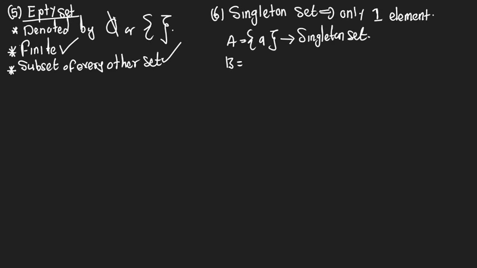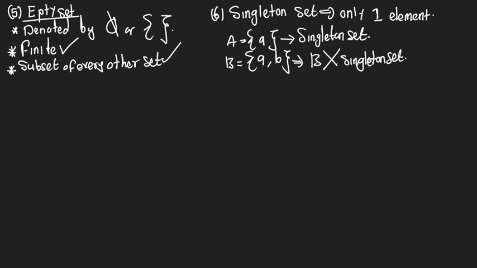If this is set B and set B contains A, B, then we say that B is not a singleton set. Okay, that is very important for us to understand. I don't think I need to give examples on this because it is very simple.